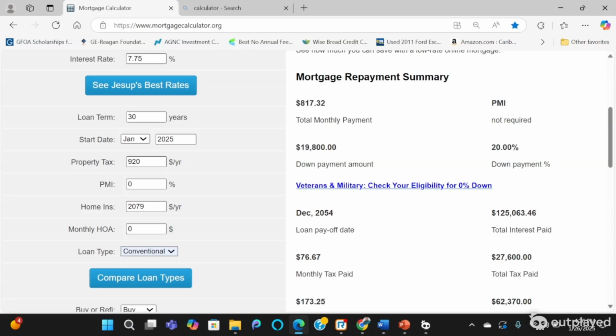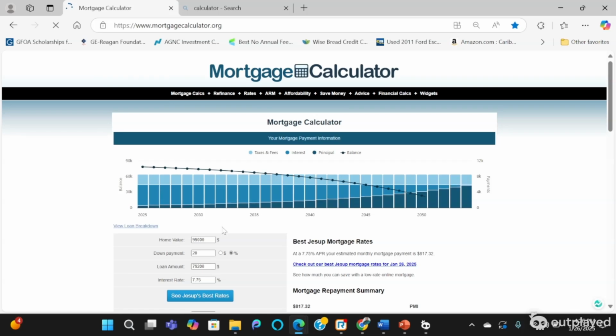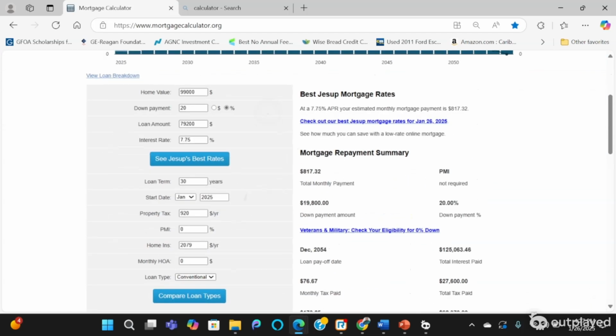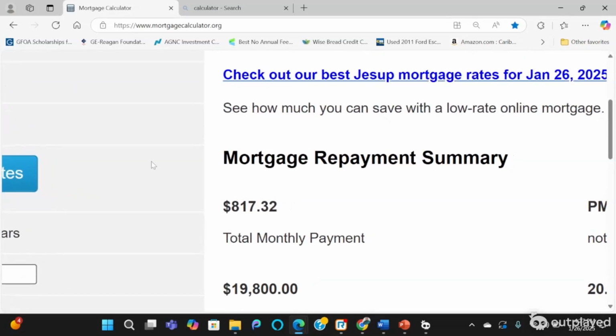Let's say the property tax on this property is $920. There's no PMI because we put at least 20% down. And then the home insurance, let's say it's $2,079 on this townhouse. And what you would do is hit calculate, and when we do that, you see the monthly mortgage payment is $817.32.